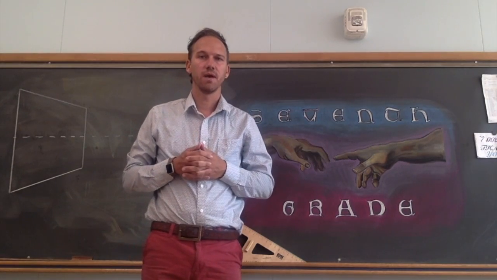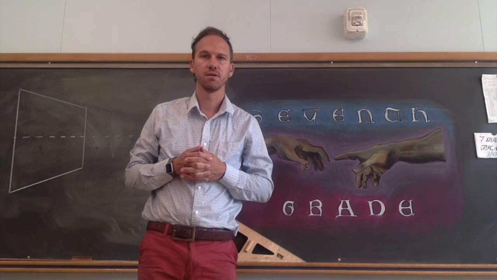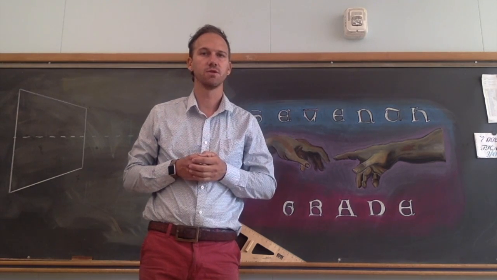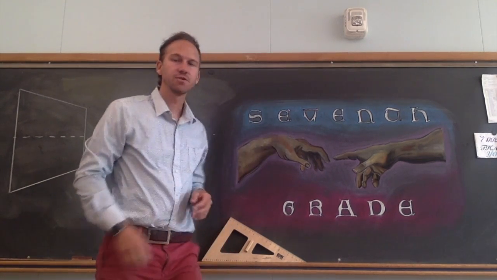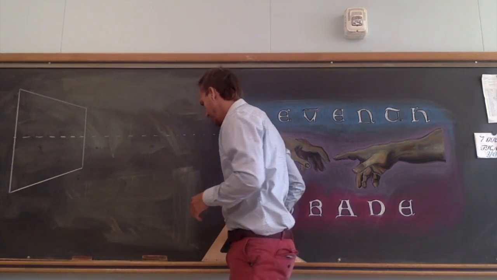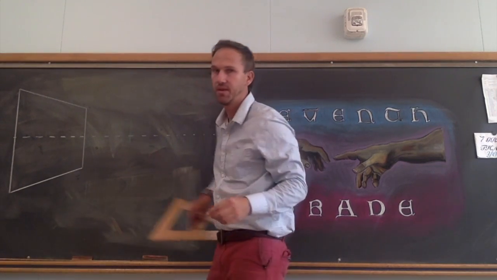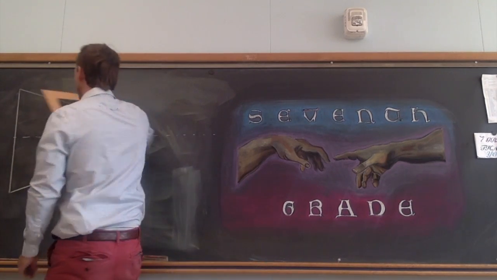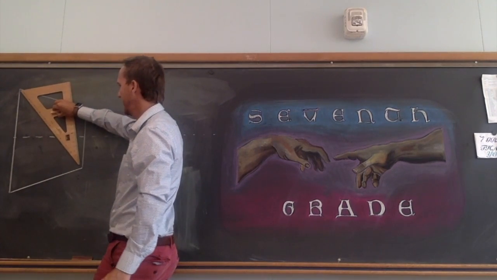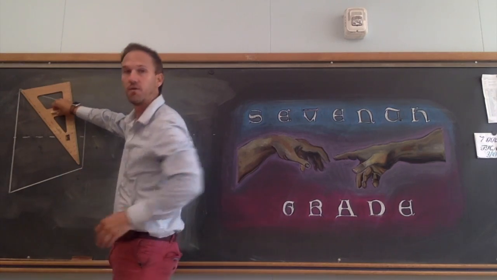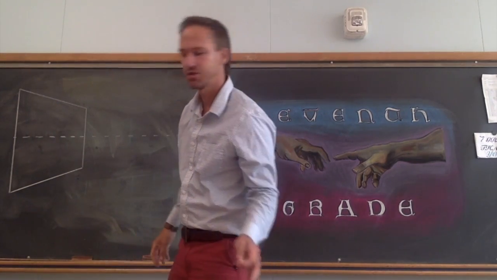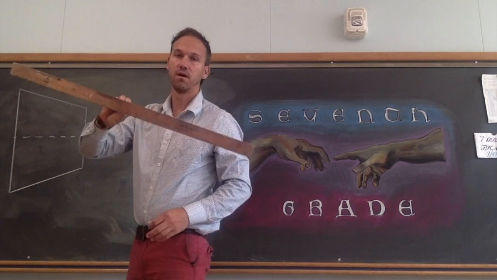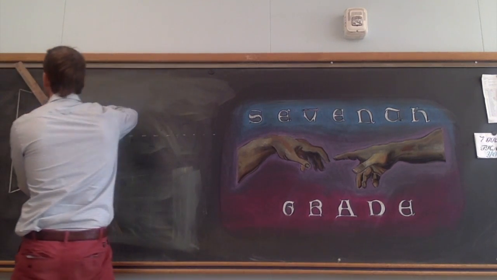Now we're going to go ahead and review extrapolation, and then we're going to move forward into vanishing point. As you can see on the chalkboard here, I have a trapezoid. To extrapolate that trapezoid, I can't use this straight edge because it doesn't go all the way. So I'm going to go ahead and exchange the triangle for a longer straight edge that's a more appropriate tool.